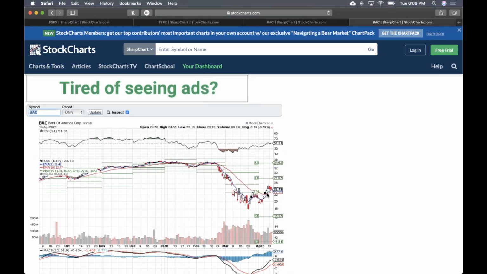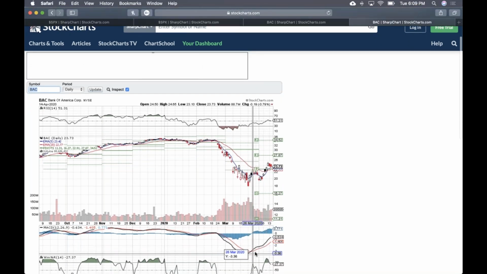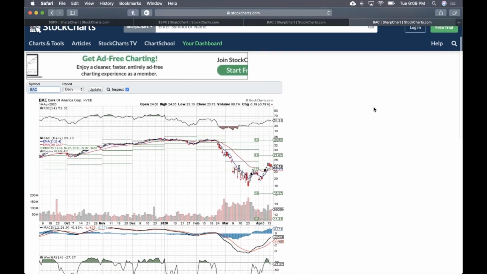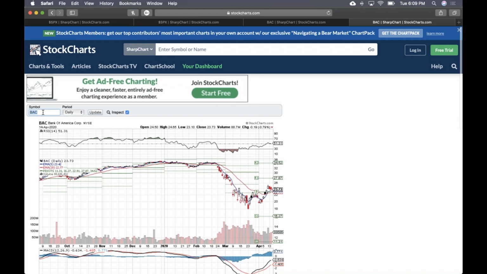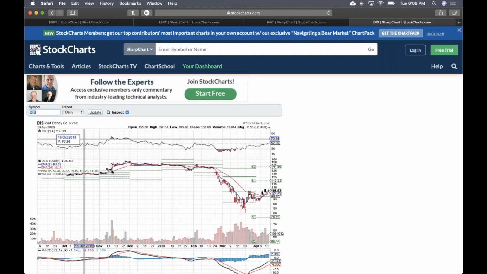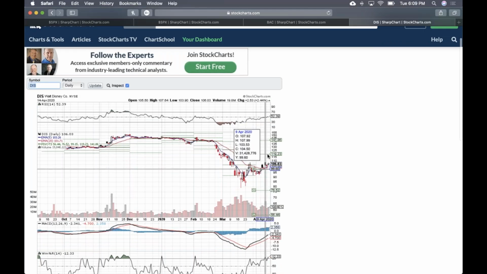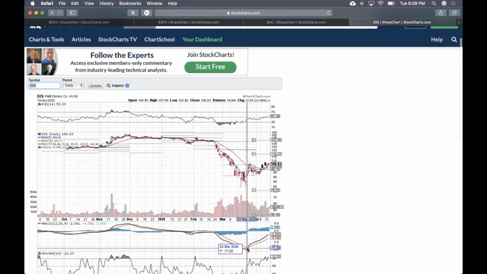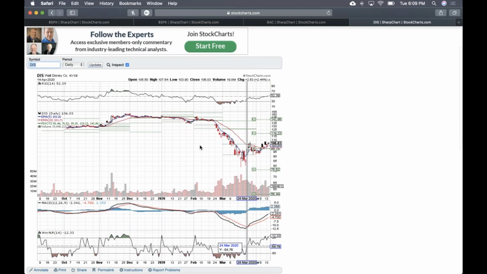And with the moves today, they are bullish. See here, at least a short-term bullish trend. Let's see, Disney, bullish crossovers again, all across the board.